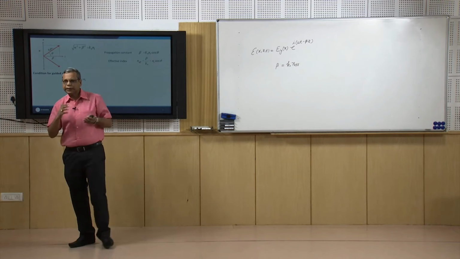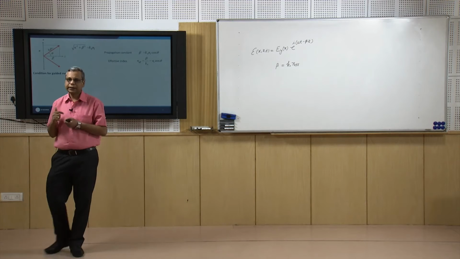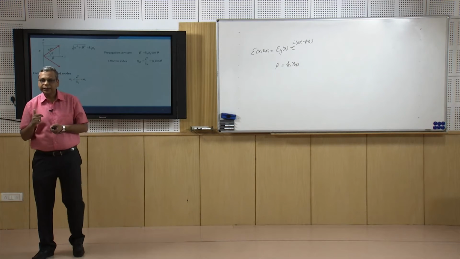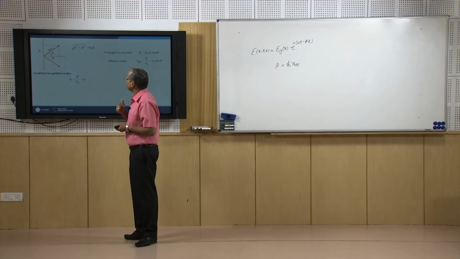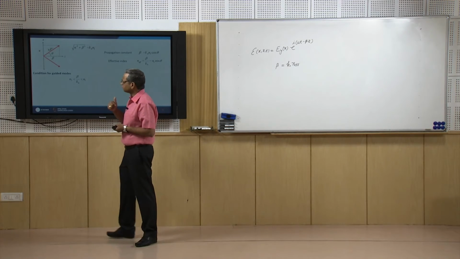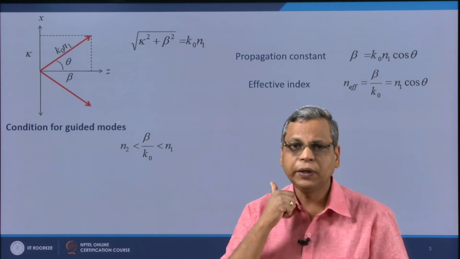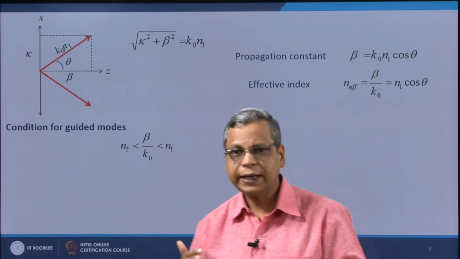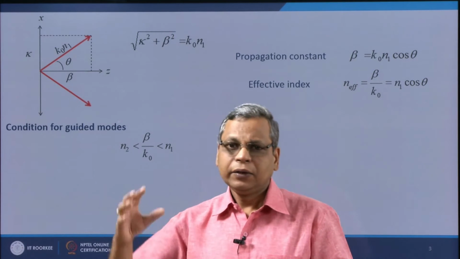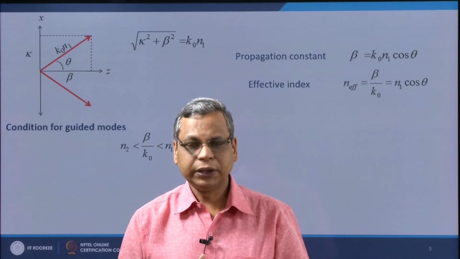That was intuitively correct but not rigorously correct. Rigorously, n effective is nothing but what defines the velocity with which a particular field pattern will travel. Rigorously, I cannot get it from the distribution of power in the n1 and n2 regions.